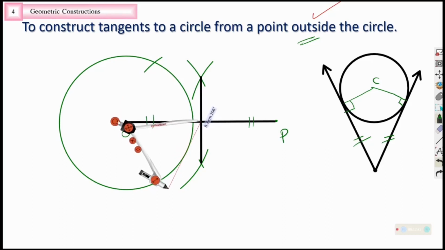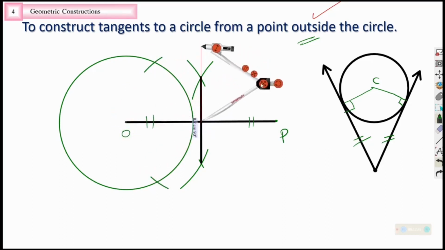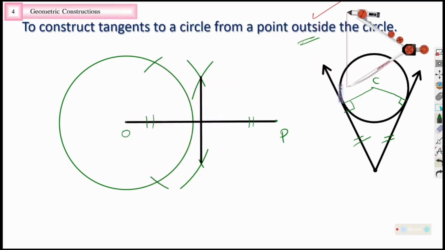Enough. And if you draw a line connecting this point through that point of intersection of the arc, and another line from here to this point of intersection, we have done the construction.